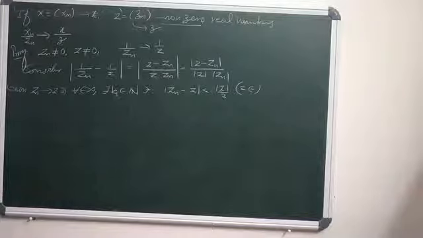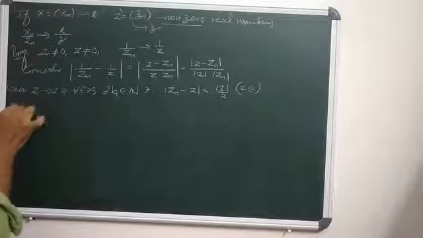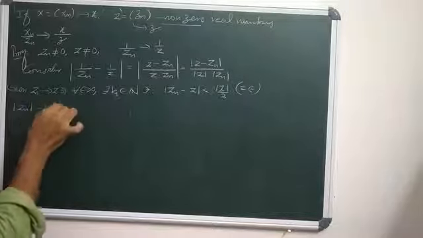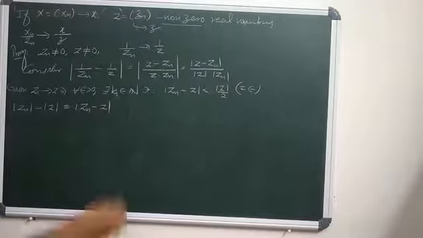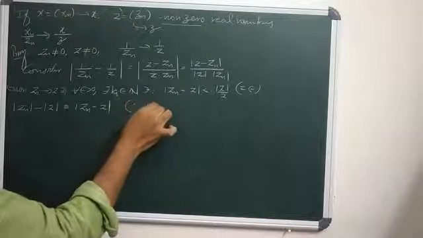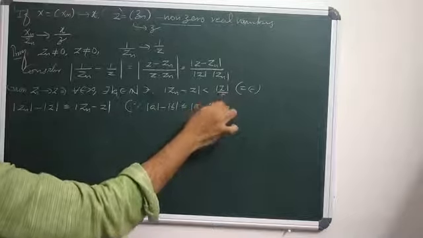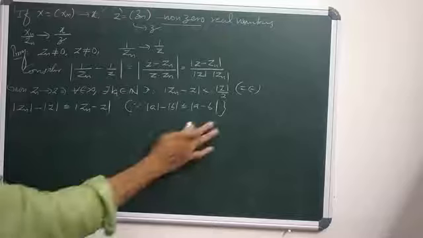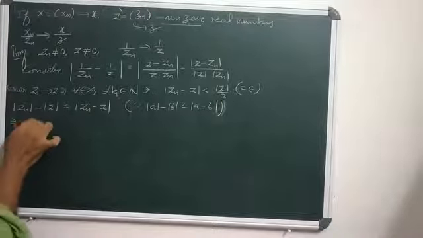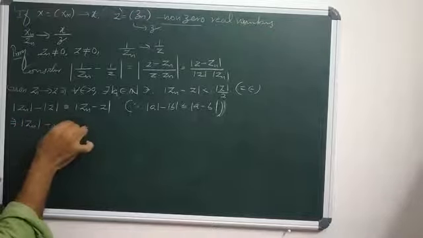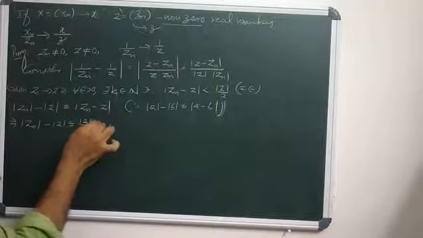We know that mod zn minus mod z is less than or equal to modulus of zn minus z. This is because of the idea that mod a minus mod b is less than or equal to modulus of a minus b. So mod zn minus mod z is strictly less than mod z by 2.